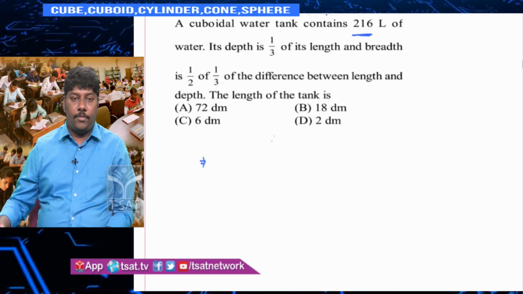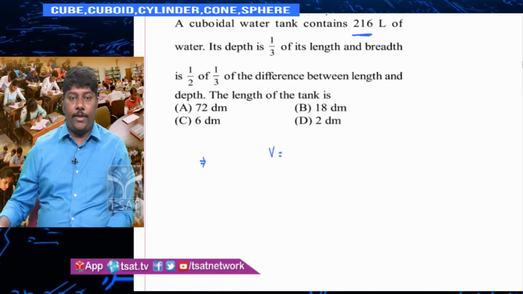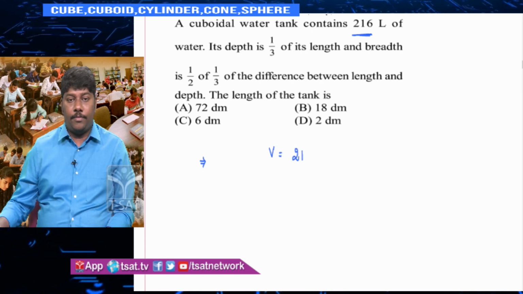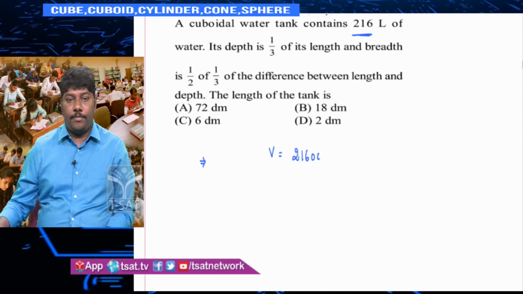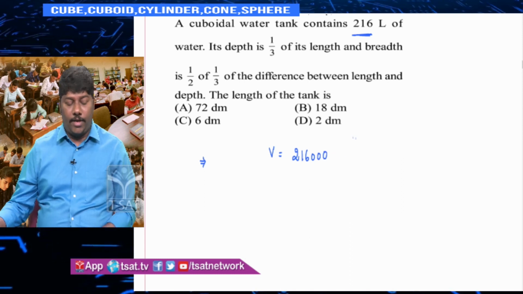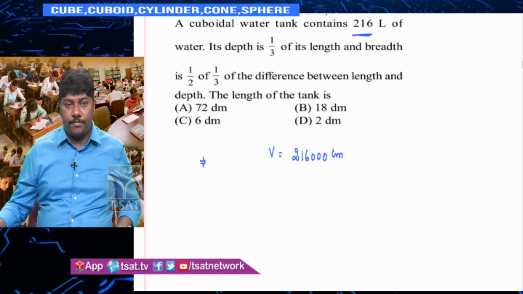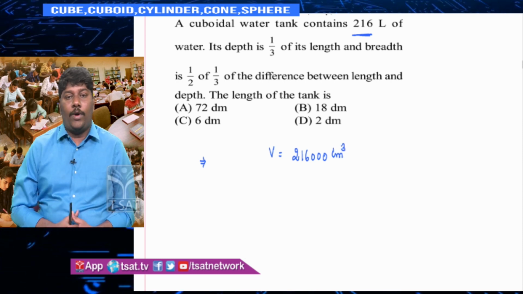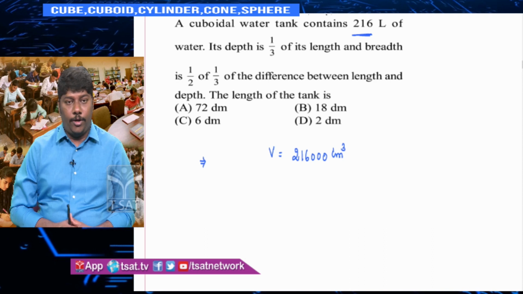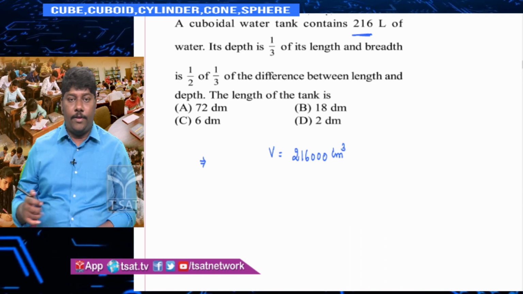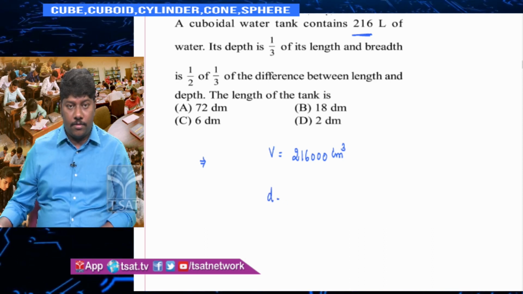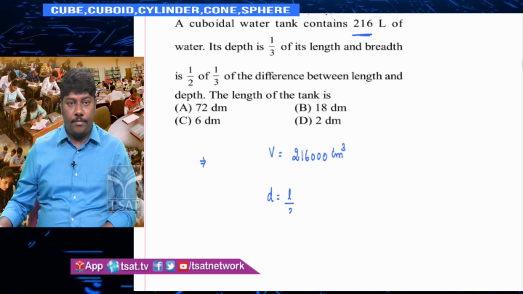Keep the volume. The volume is given in liters, so convert it. 1 liter is 1000 centimeter cube. So 216,000 is the volume. Its depth is 1/3 of the length, so length by 3.